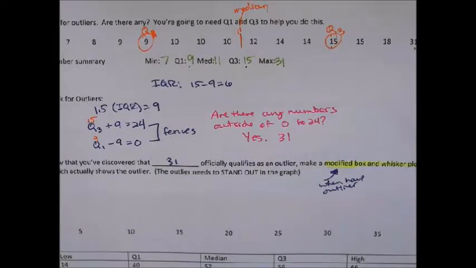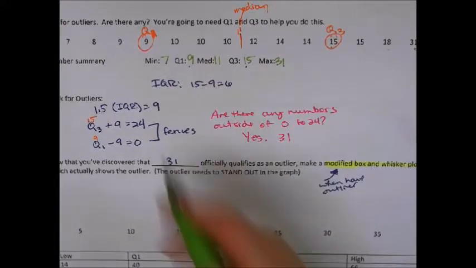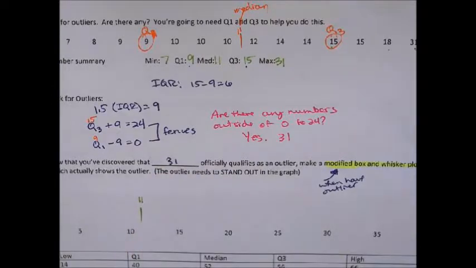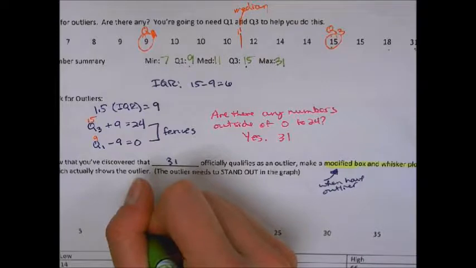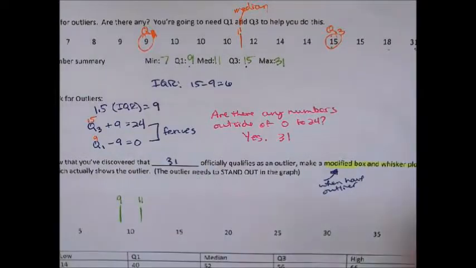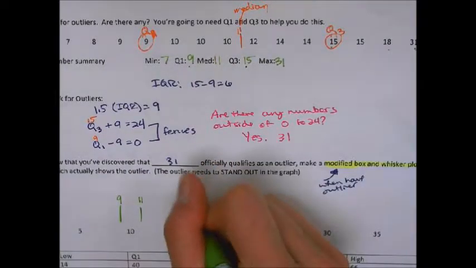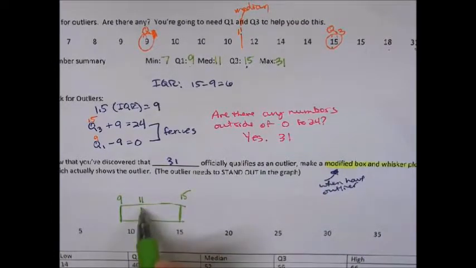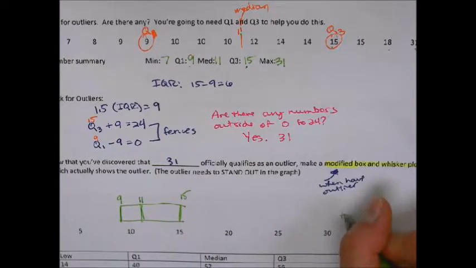All right. So let's look at our 5-number summary. Our median is 11. Our Q1 is 9. Our Q3 is 15. So let's make our box. Let's go ahead and draw in our outlier.